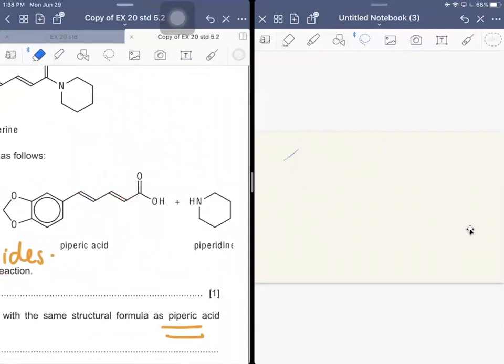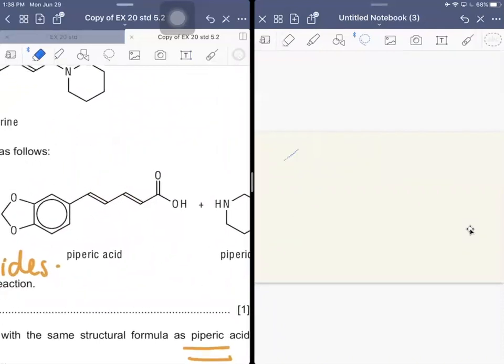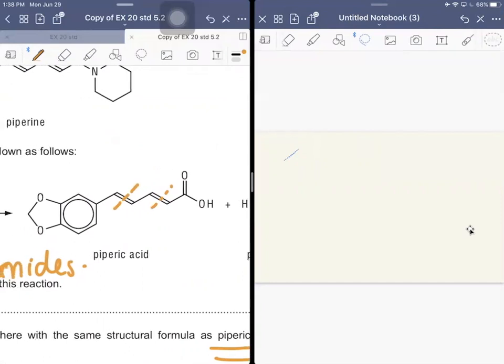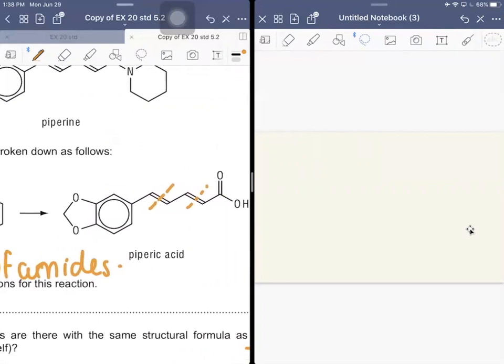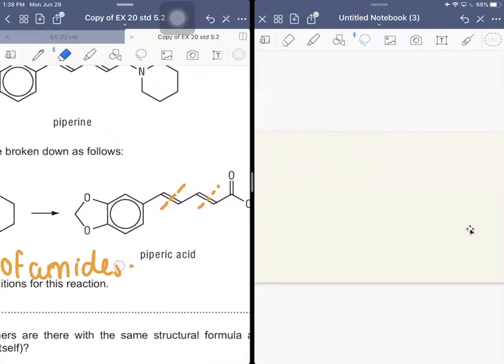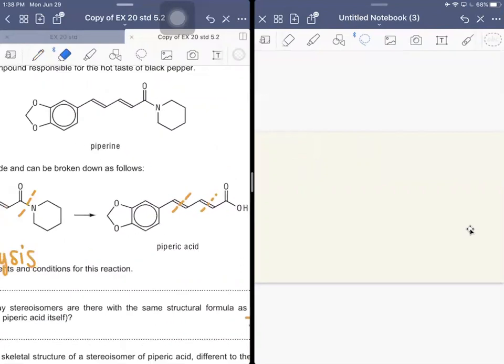Hot acidified potassium manganate means you are cutting the double bond here, completely breaking the double bond. When you break the double bond, you will get two things, but this one is a little bit more complicated. I'll draw it here, so it's relatively easy for us to see.